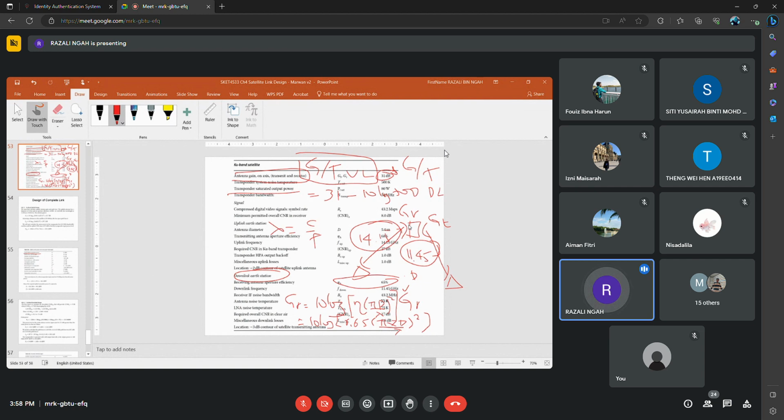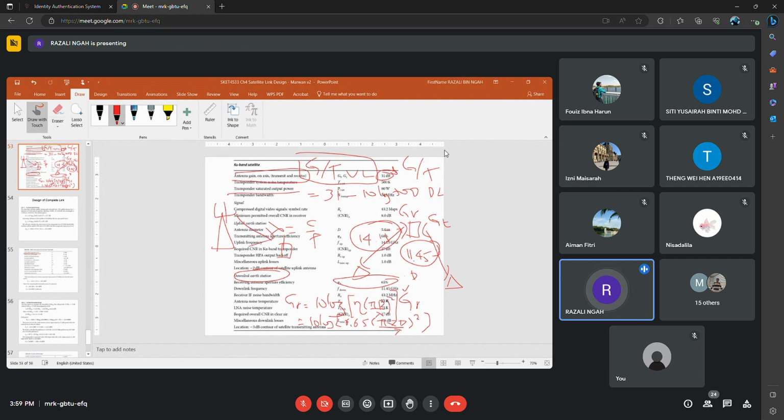Compared to cellular systems in mobile communication, we normally determine only downlink CNR, from our base station to handphone.